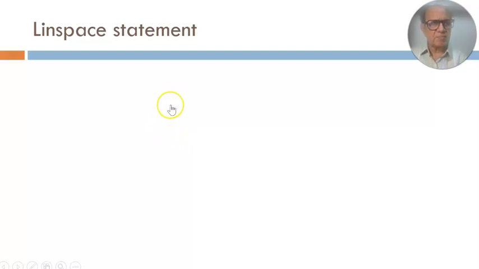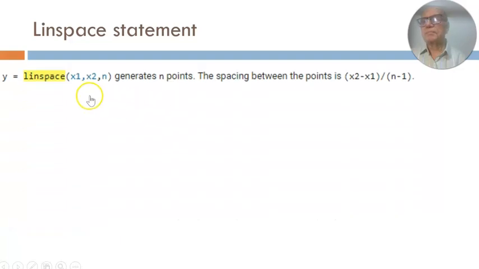Let me explain this statement to you. y = linspace(x1, x2, n). What does it do? It starts from x1, ends on x2, and generates n number of points. The spacing between the points is uniform, linear space.